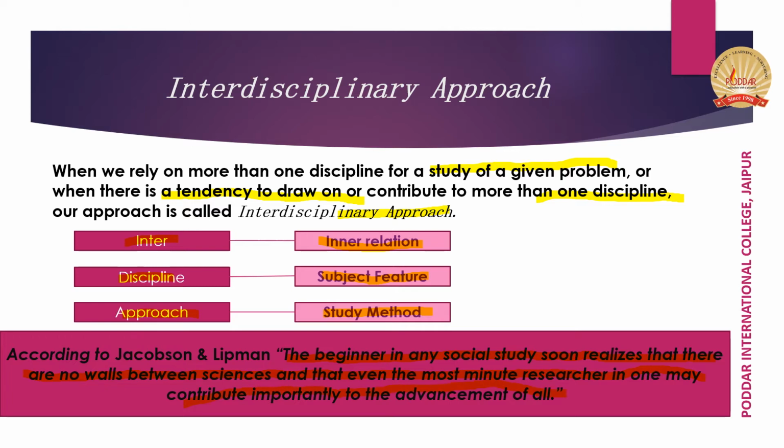All social sciences which have grown into autonomous disciplines are bound together by a common stream. They together cover the whole social life of a man. All social science subjects are regarded as the petals of the same flower of society.